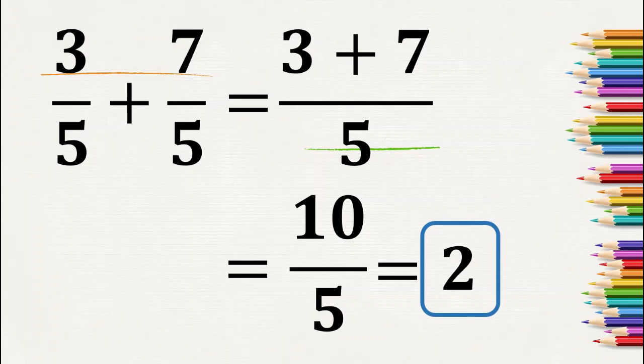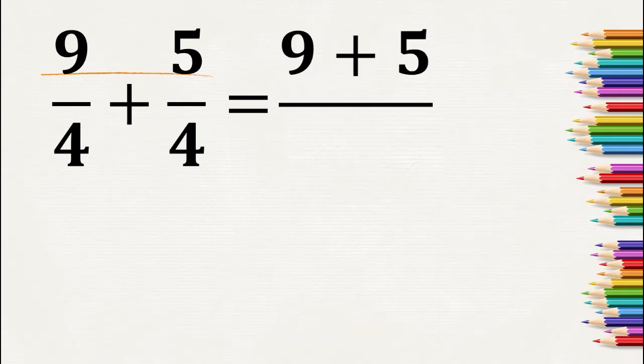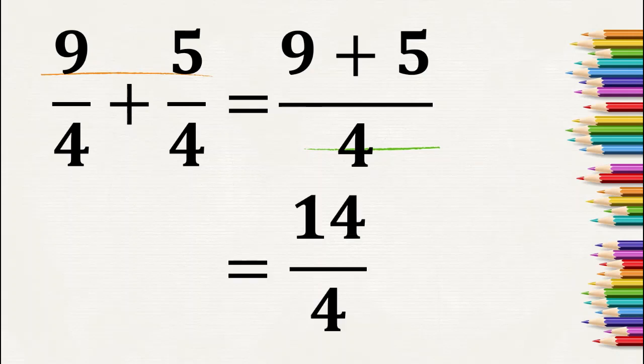Another example, we have 9 over 4 plus 5 over 4. Add the numerators, 9 plus 5. Copy the common denominator, 4. 9 plus 5 is 14 over, denominator is 4. 14 and 4 have a GCF of 2.